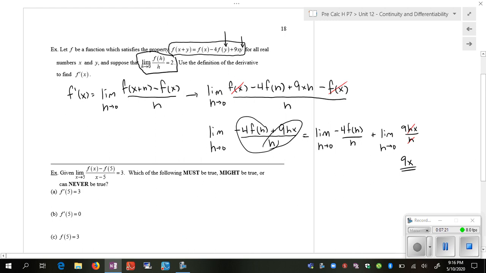The limit as h goes to 0 of f of h over h is 2. So negative 4 times that would be negative 4 times 2. So my final answer here is negative 8 plus 9x, or 9x minus 8.